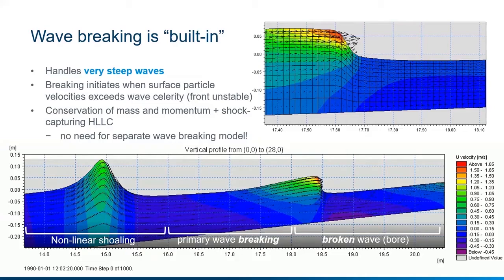And of course, a bit of theoretical background about wave breaking is that wave breaking occurs when the particle velocities exceed the phase speed of the wave. Usually on a beach, we have a period of nonlinear shoaling where we have set-down effects of the waves, followed by wave breaking and setup, and then a bore, which is where we have the broken wave transported throughout the surf zone.